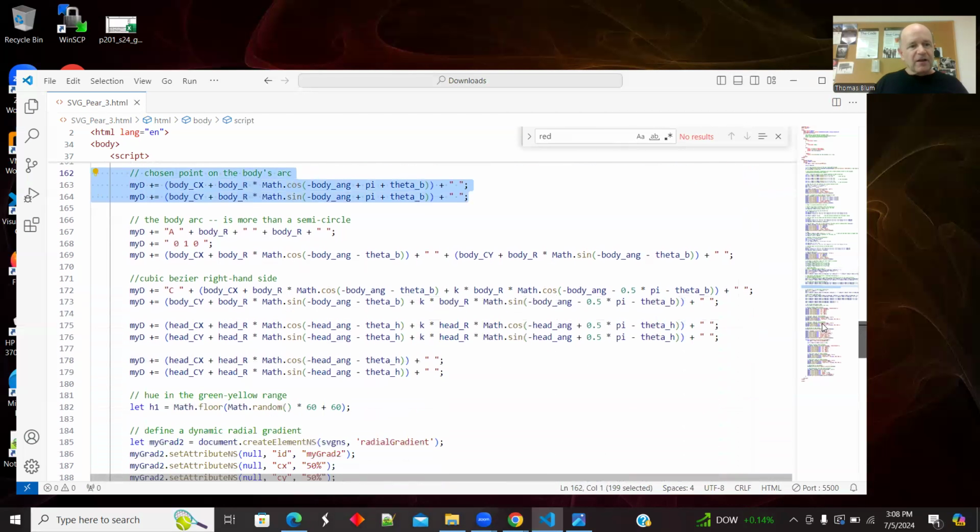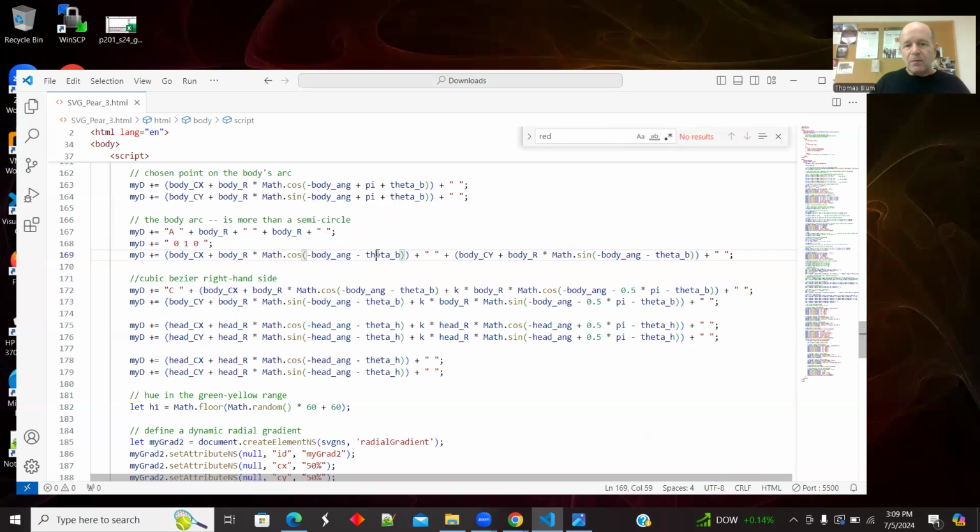Now I make the arc with the body radius. Here I've switched to 0, 1, 0 because I am more than a semicircle. And that was that parameter there. The 1 is informing that I want more than a semicircle when I give the points. And then here's my ending point.